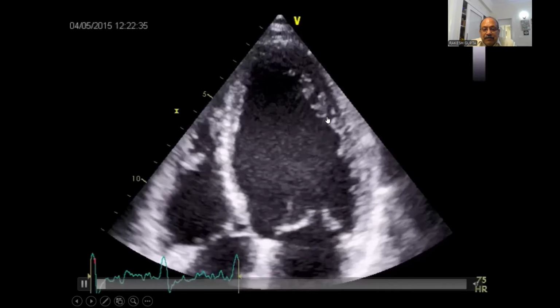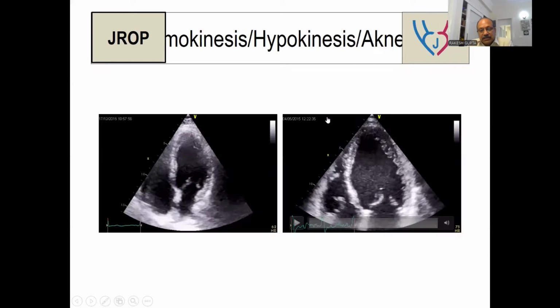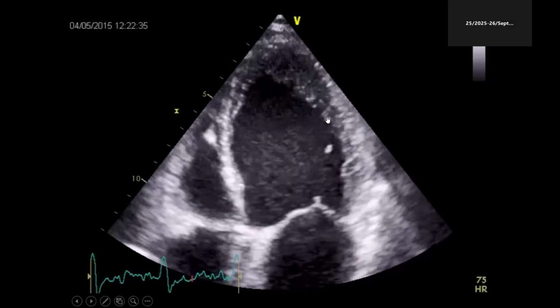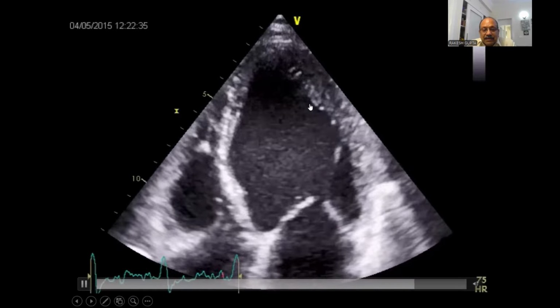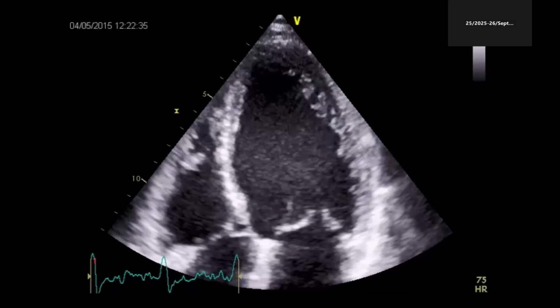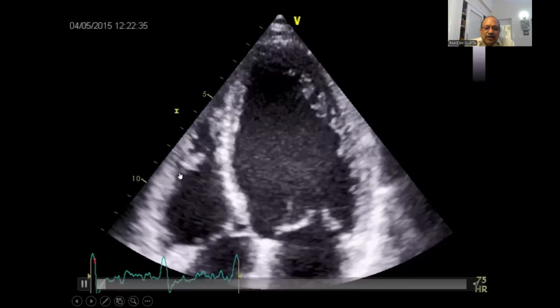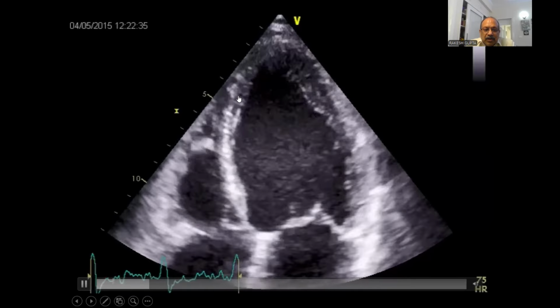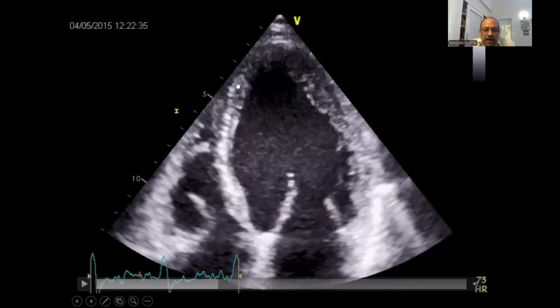Sir, this lateral wall appears to have relatively better thickening than the rest of the segments. This is better thickening. Sir, the more white is myocardium, less white is endocardium? I don't say that. Now I'll freeze over here. Look, this is myocardium and this is all endocardium here.